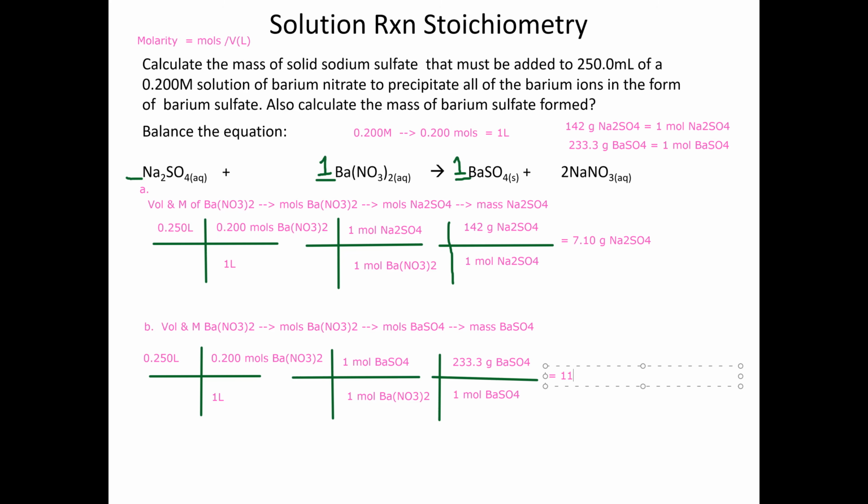So we get 11.7 grams of barium sulfate. And this would be called the theoretical yield. So again, with solution stoichiometry, either at the beginning or at the end, you're going to be using the molarity equation.